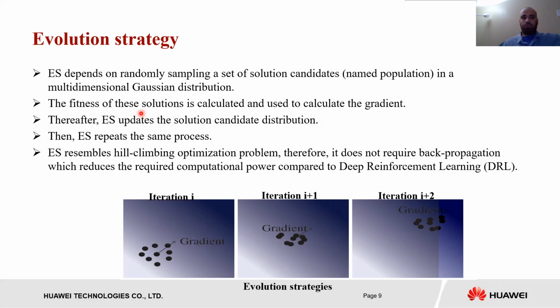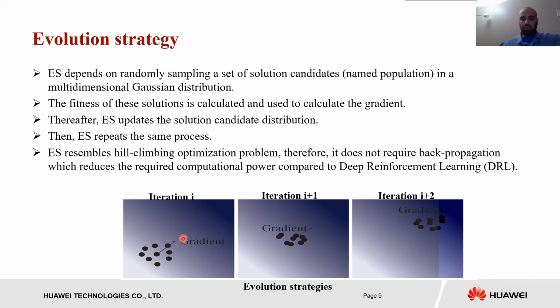A brief overview of evolution strategy. As we can see, evolution strategy is very similar to hill climbing. It basically generates a random sampling of a set of solutions, and then from this sample we calculate the reward, or the fitness, of each solution.